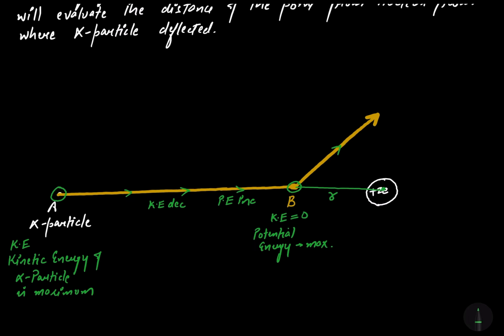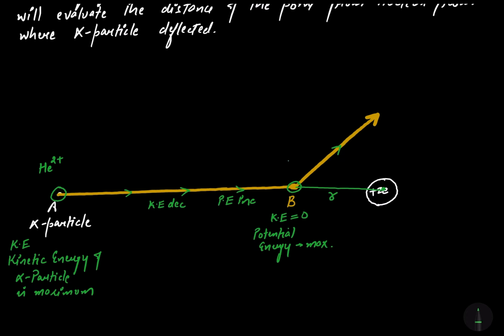So now why at point B potential energy of the alpha particle is maximum? Because we know that alpha particle is helium dipositive ion.